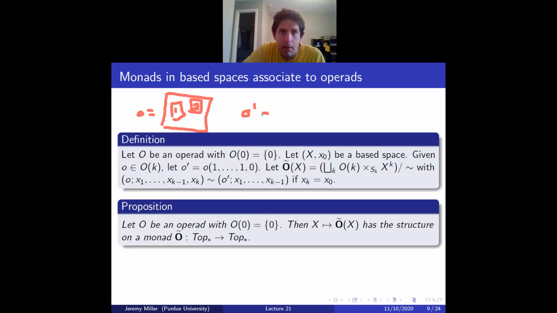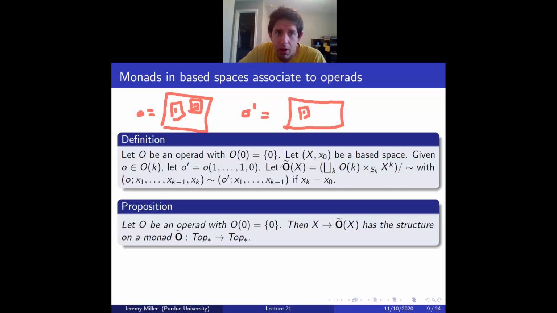O prime is going to be that. Because what is 0? 0 is no cubes in a cube. What is 1? 1 is a full-sized cube in a cube. So when you plug in 1 into the first k-1 slots and 0 into the last slot, you just delete the last cube. So this is what O looks like, and this is what O prime looks like.